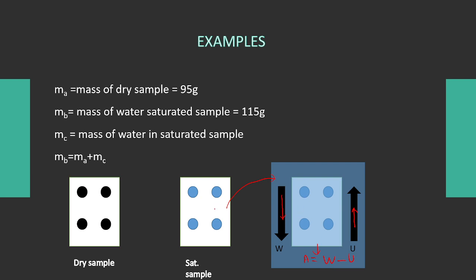So once again, we have the saturated sample immersed in water. The actual weight of the sample will be acting downwards, but it's going to be opposed by the upward force in the water. That's the upthrust. The difference between the two gives us the apparent weight, what we can actually measure. So the weight we'll measure is not going to be the actual weight of the saturated sample, it's going to be its apparent weight.